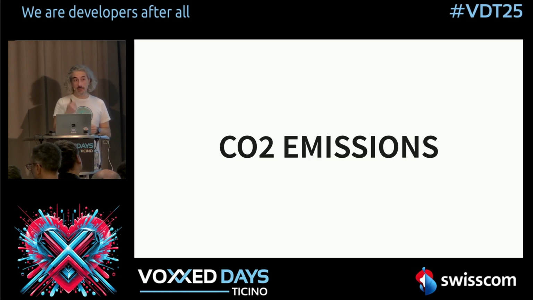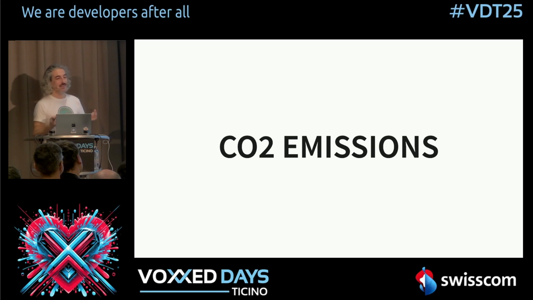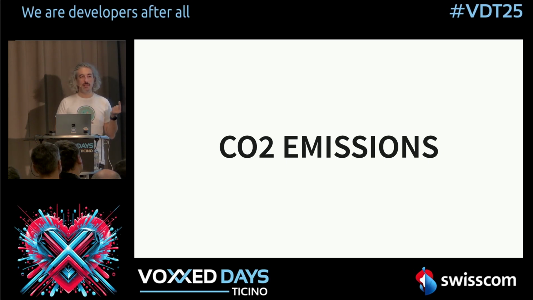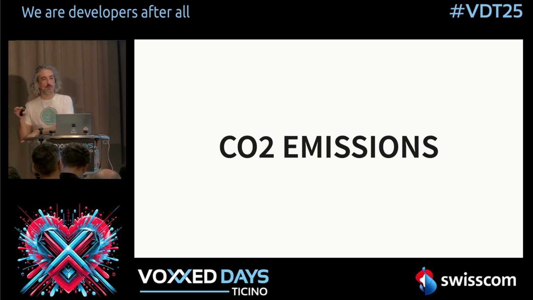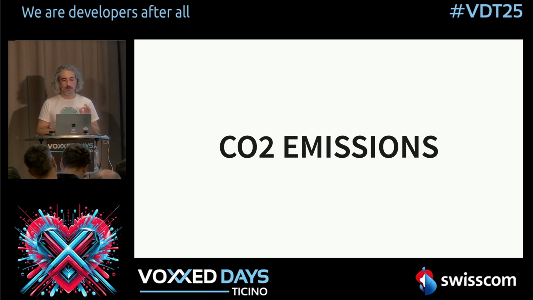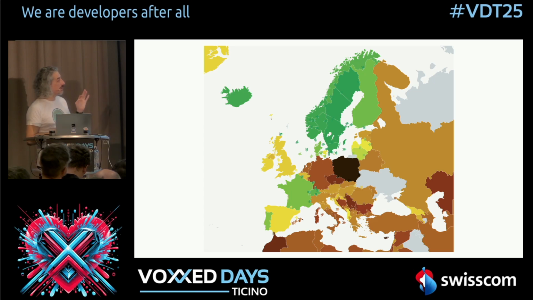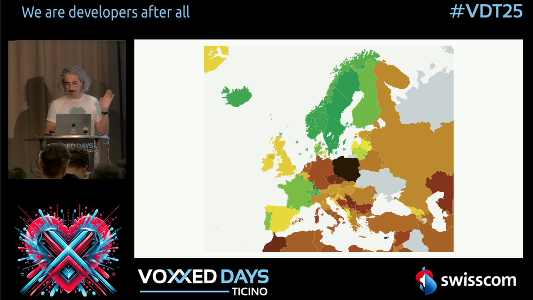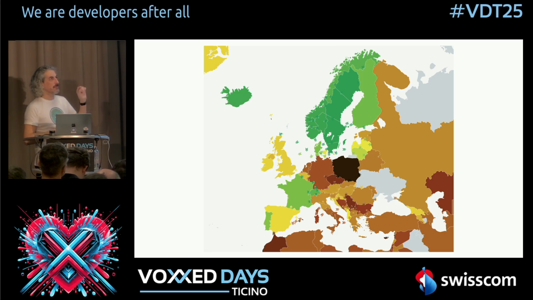One thing we started looking at was how to optimize another resource, which is CO2 emissions. Obviously, the less we use, the cheaper it is, and the less CO2 we emit, so there's also the cost benefit. But for CO2 emissions, if anybody has seen this emissions map, it's called Electricity Maps.